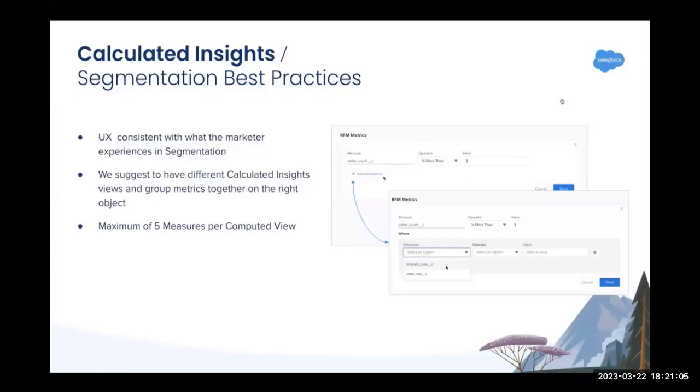So we really suggest you group together things that make sense for the right object. There's a maximum of 5 measures per calculated insight, every time. You can't just create a huge calculated insight with 20 measures because we won't allow that. Be mindful of this.